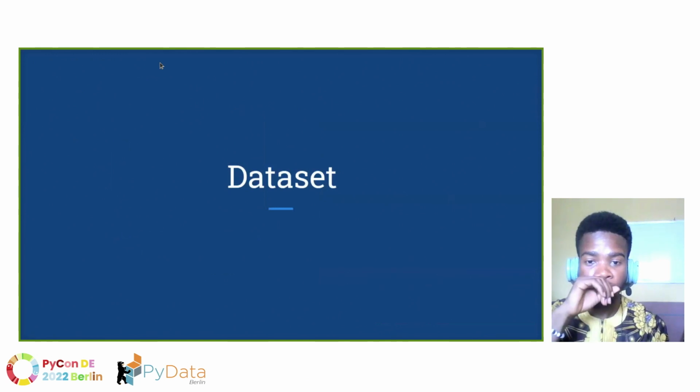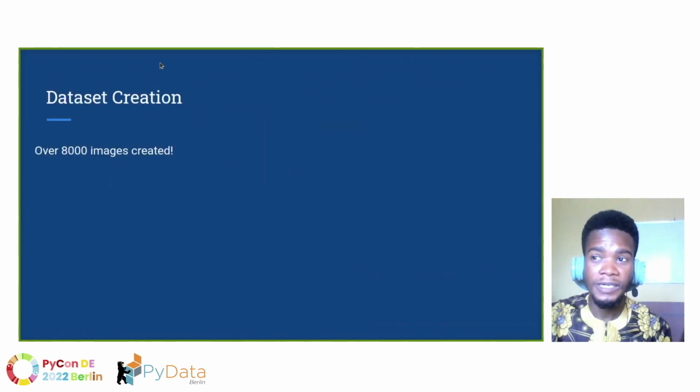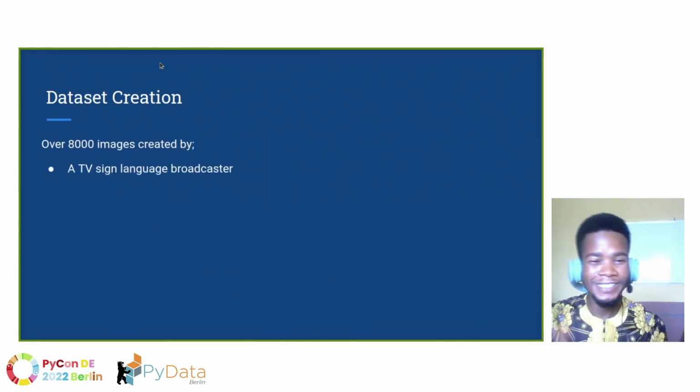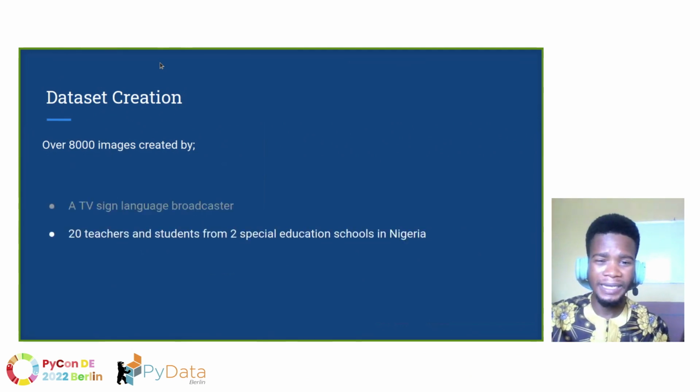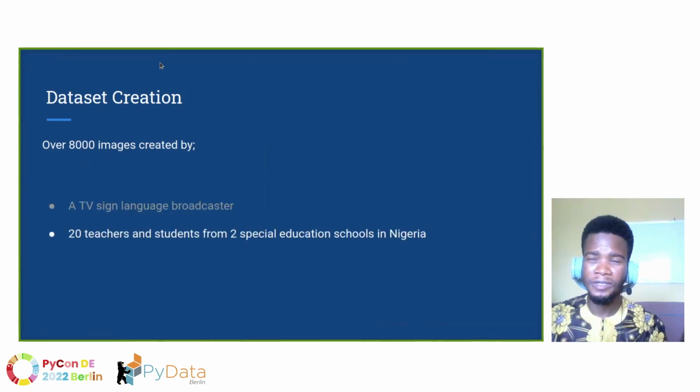For the data set, over 8,000 images were created, and we did this with the help of the TV sign broadcaster. Then I built my first model with the TV sign language broadcaster data.